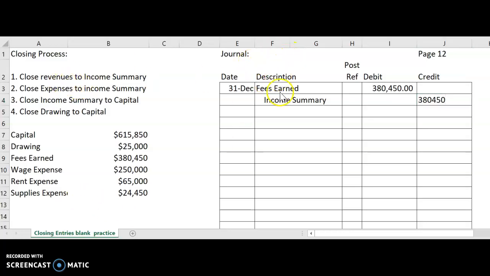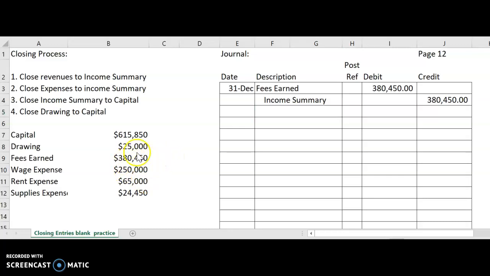I have transferred my balance of fees earned, of revenue, into income summary. Now step 2 says to close expenses to income summary, so I need to go down and look at expenses, and I have 3 different expenses. And remember, the normal balance of an expense account is a debit, so if I want to make these accounts 0, I would need to credit these accounts.